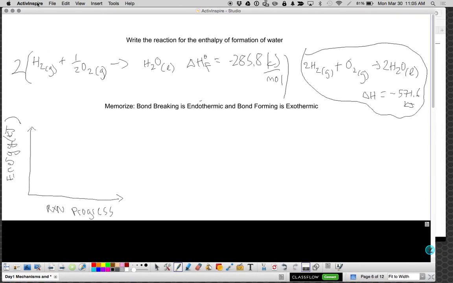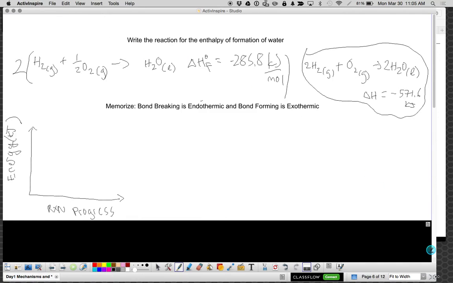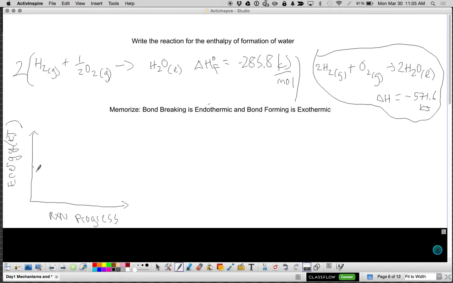Now you would have drawn something that looks like this. This is an exothermic reaction, and you know that delta H is negative 571.6 kilojoules. Okay?